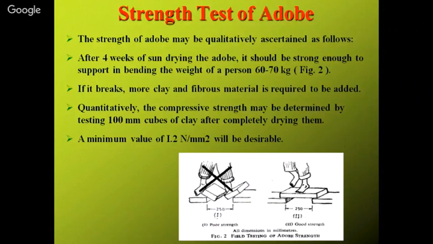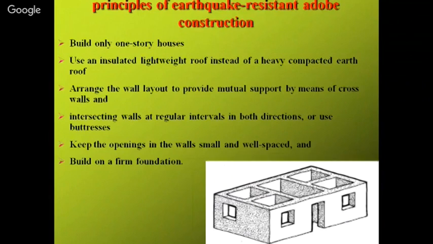Another test: make one brick of the mud, and a person weighing 60 to 70 kg needs to stand on that brick. If the brick does not crack and you can stand on it, then it has adequate strength for your construction.